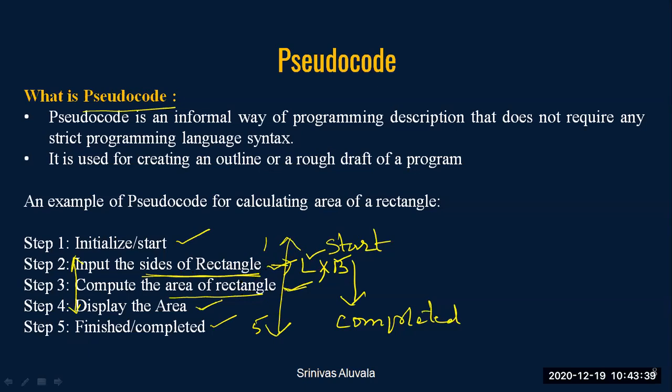And after getting the sides of the rectangle, you calculate the area of the rectangle. Once it is calculated, give that area to the user or the programmer, and then complete the execution, or the problem has come to an end, represented with a completed symbol. This is what the pseudocode is. Maybe it doesn't have any properties. I'm not saying it possesses some properties. I just wrote something in sequence.